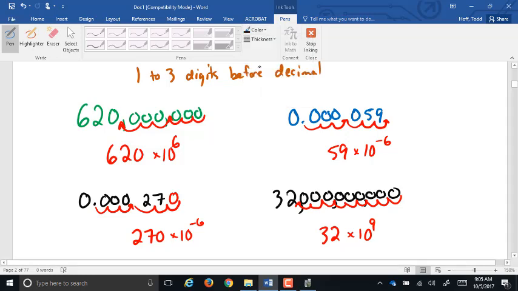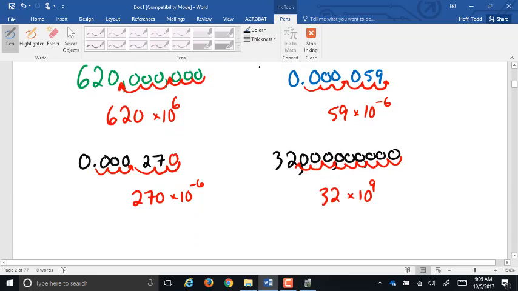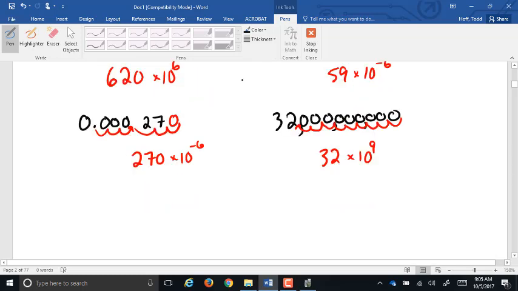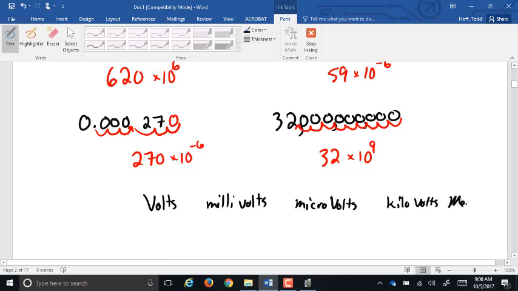Why would we complicate scientific notation with something like this? Well, because since you guys are automotive, you do a lot with electronics, it's our metric prefixes. You guys deal with volts and millivolts, microvolts, kilovolts, megavolts.